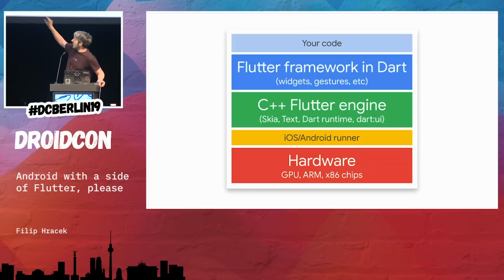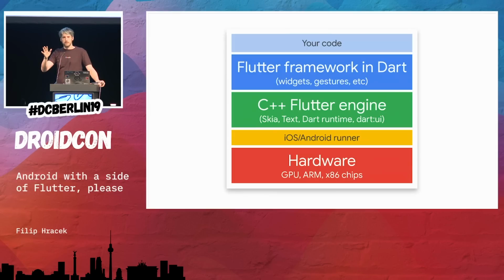So there's a thin iOS or Android runner, which in Android land is an NDK app, that just has the C++ bits on top of it, which is a very slim layer of Skia, text rendering and the Dart runtime. And on top of that, there's the Flutter framework, and on top of that, there's your code. The blue parts are compiled to machine code, and the C++ things are linked to it, and that's it.